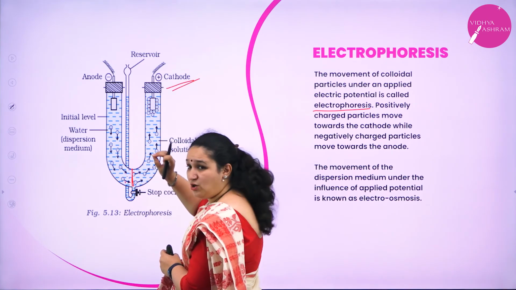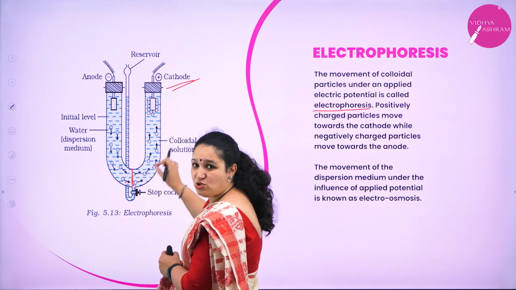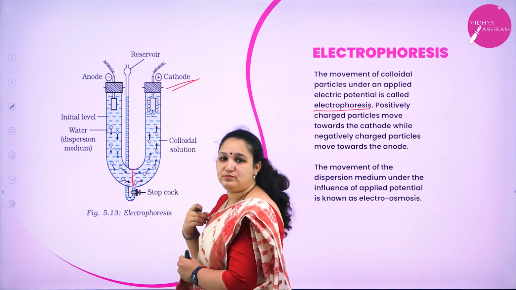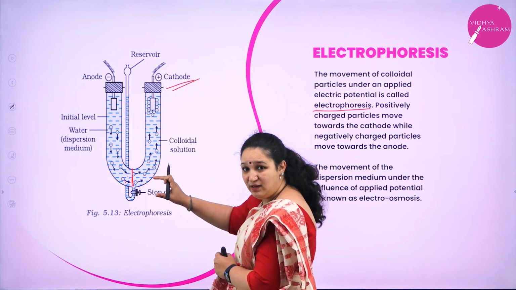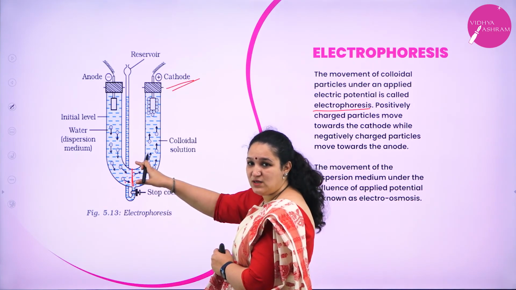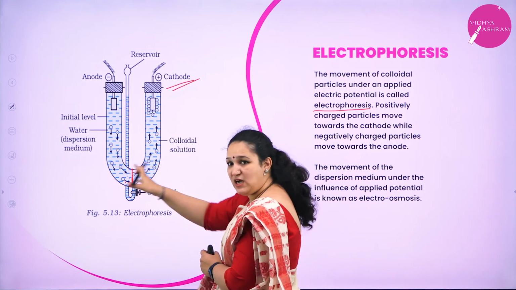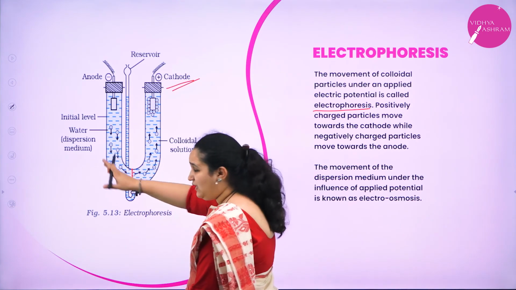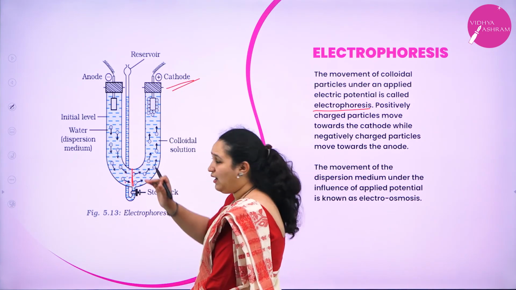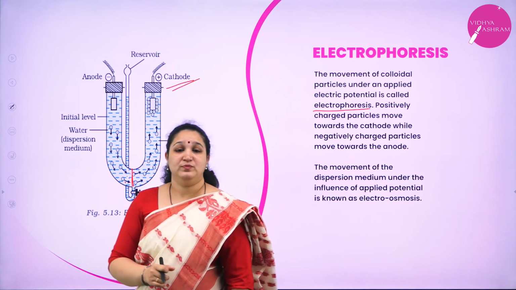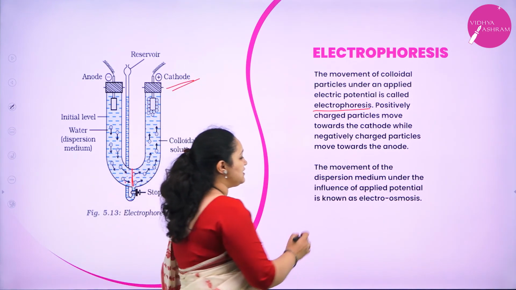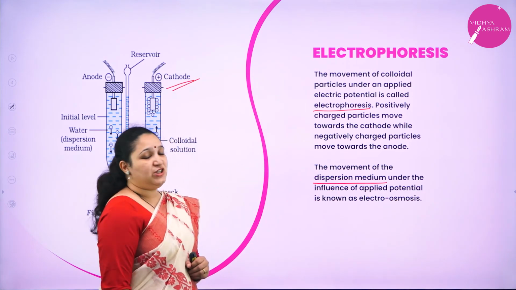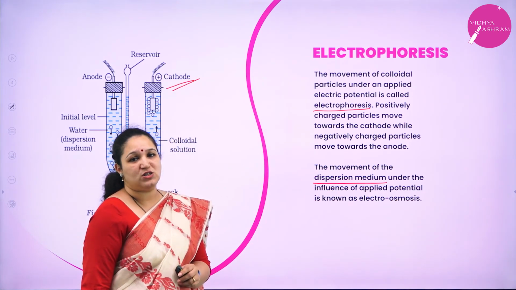Now because the colloidal particles cannot pass through this, the dispersion medium will start moving towards the cathode. What happens? The particles are the dispersed phase, and the dispersed phase can't pass through the semi-permeable membrane. So the dispersion medium will start passing through and moving towards the cathode. This movement of dispersion medium under the influence of applied potential is known as electroosmosis.